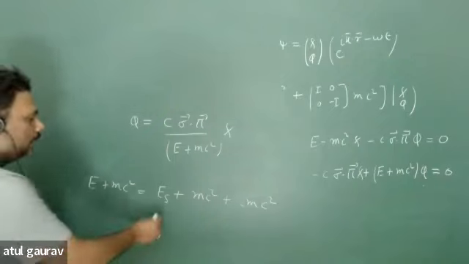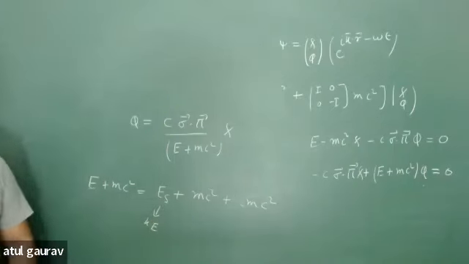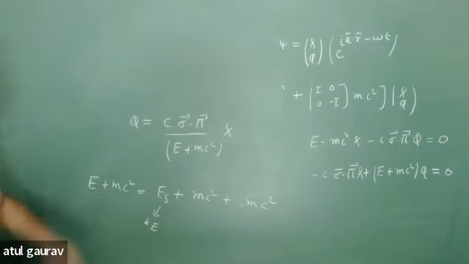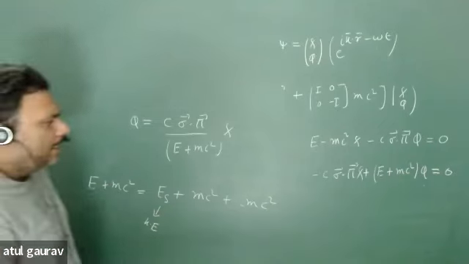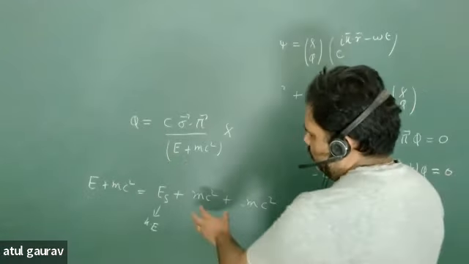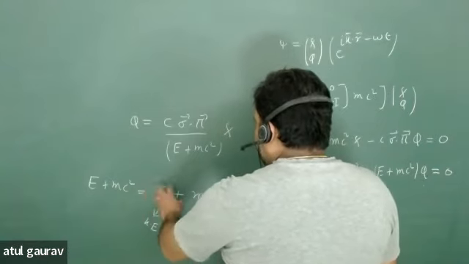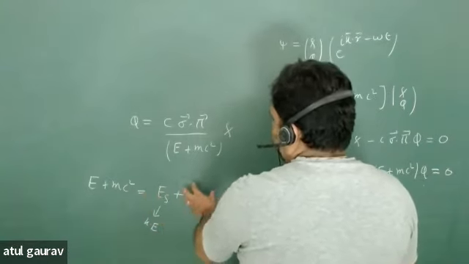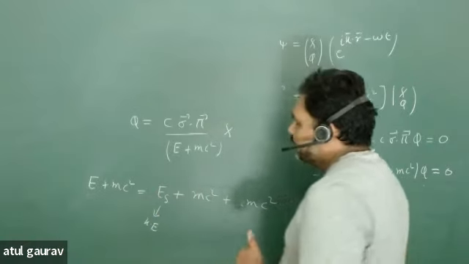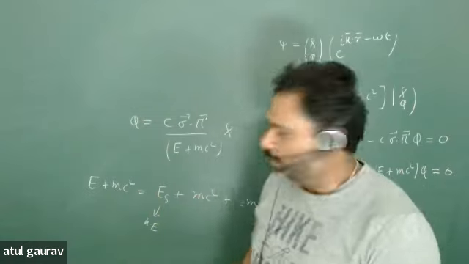E is nothing but the kinetic energy. E को क्या ले रहे हैं हम? Kinetic energy के टर्म में. And what we want here is that this kinetic energy is very, very small with respect to this mc square, such that we can approach it in a classical region. ऐसा कर सकते हैं क्या?